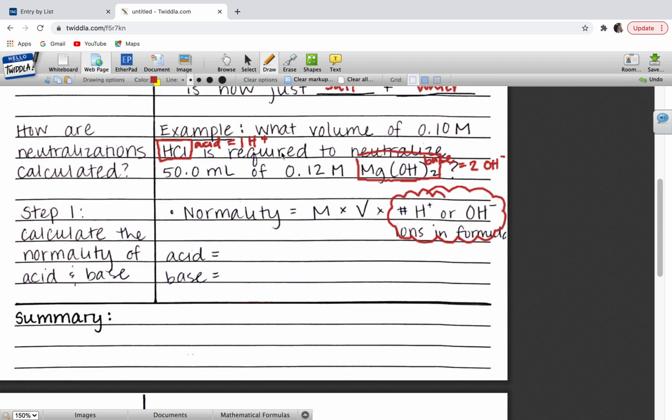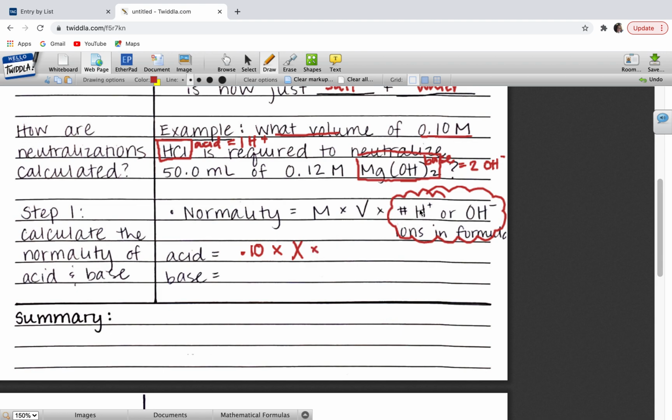So for the acid, let me look. Said right here we had 0.10 molar HCl. So my molarity of acid is 0.10. We're going to multiply that times the volume. Now that's the issue, right? Question is, what is the volume? Since I don't know the volume, I'm just going to put X in there.